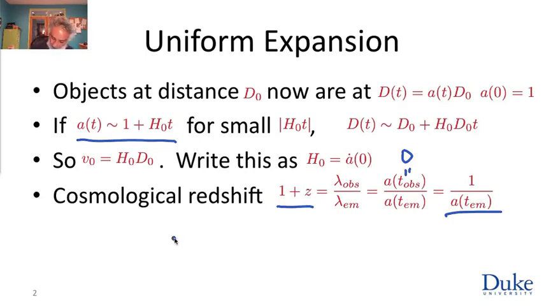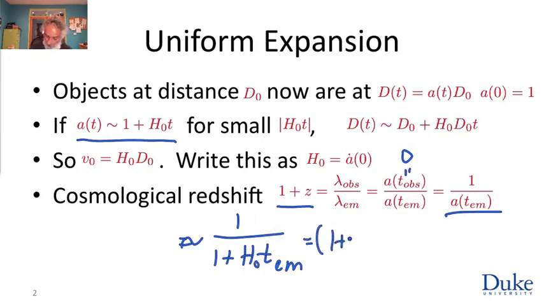And now let me compute our approximation to this redshift. So this is approximately the same as 1 over 1 plus h0 times t emission. That's our linear approximation to a inserted into the definition of the redshift. And now this is right for Newton's approximation.